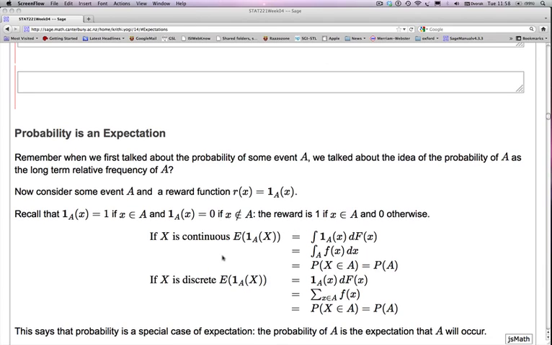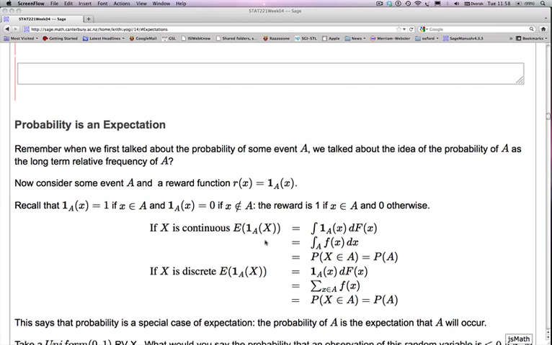If x is a continuous random variable, then the expectation of the indicator function of A is the integral of the indicator function times dF of x, which is simply the integral over A of f of x dx, and that's the probability that x belongs to A, which is nothing but the probability of A.